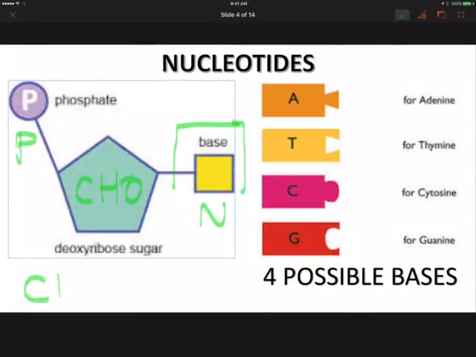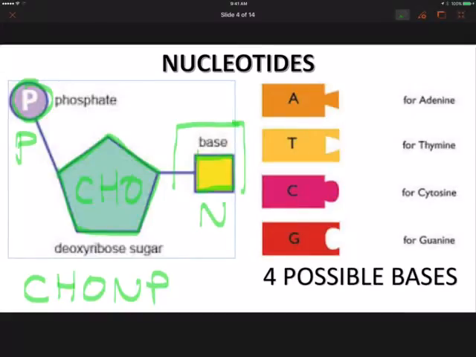So I end up having CHOMP. We learn this as our penthouse. We call it a penthouse because it has 5 sides, with our basement, our nitrogenous base, and our swimming pool, the phosphate group.